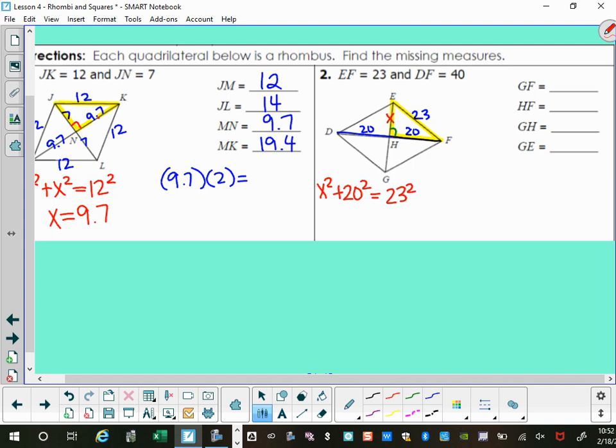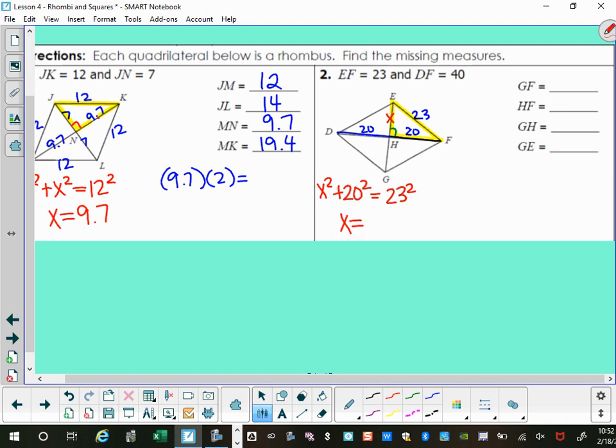So what do you get for x? Type this into Desmos. X squared plus 20 squared equals 23 squared. Round to the nearest tenth. Is it x squared plus 20 squared equals 23 squared?